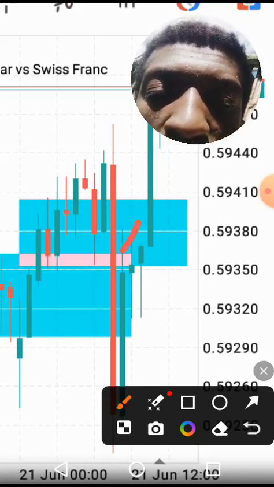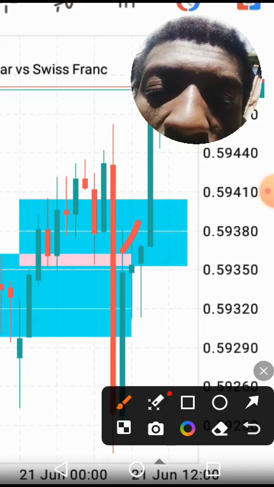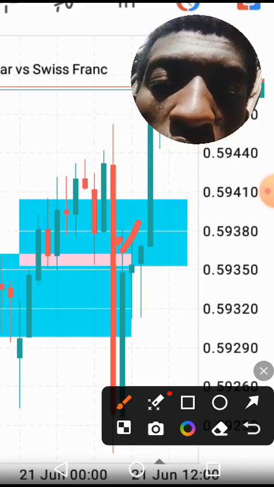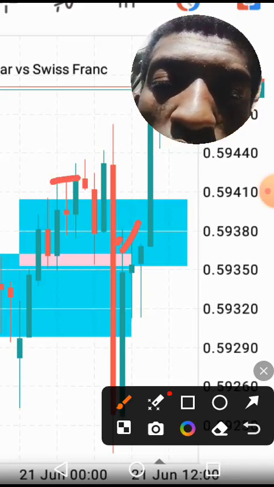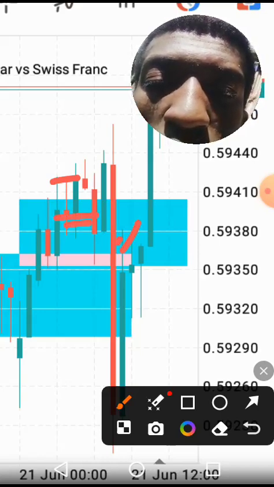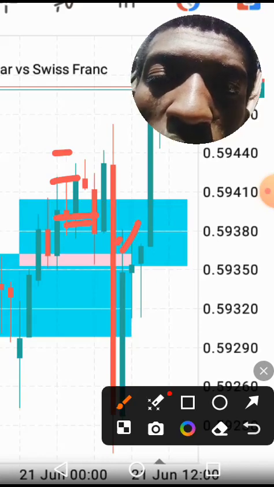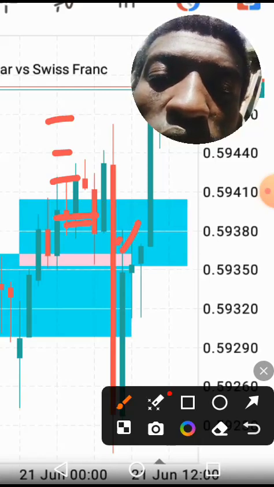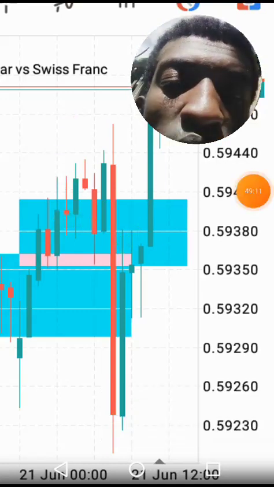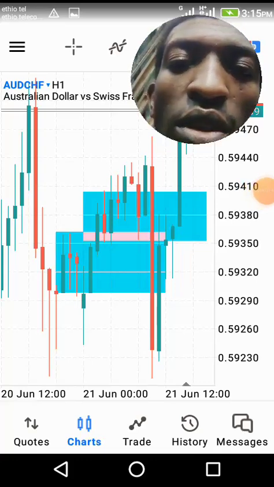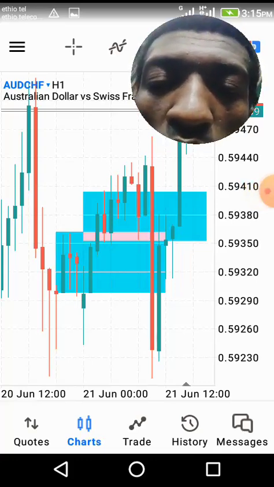Right? Some weakness means some wicks and some bullish candles. Because I want this price to actually target TP1, and so a lot of manipulations going on here.